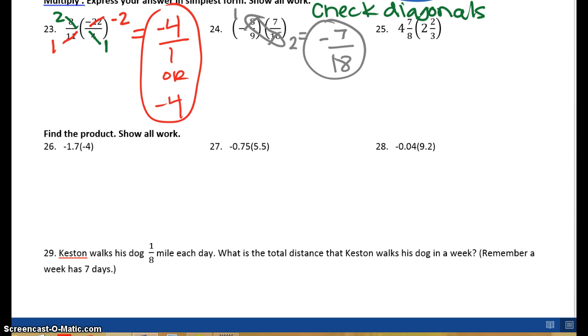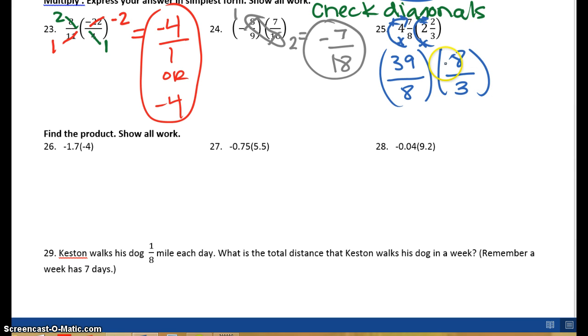Number 25, we have something that looks a little bit different. They're mixed numbers, so our first step, we have to change those into improper fractions by using the big C method. Multiply, then add. 8 times 4 plus 7, you end up getting 39. You keep your denominator 8. Then 3 times 2 plus 2 is 8.